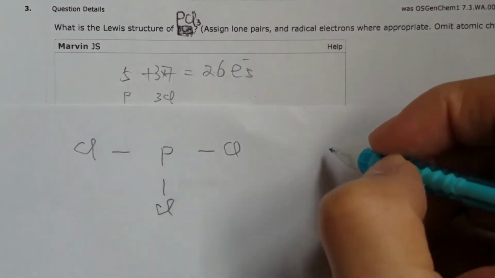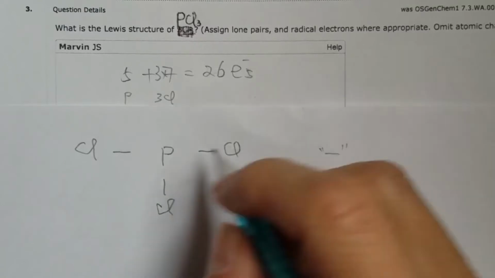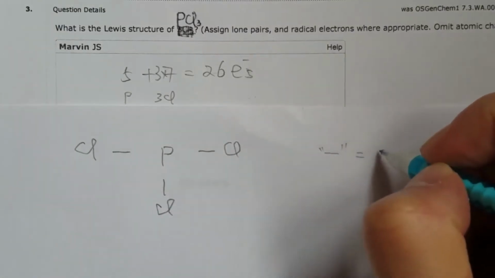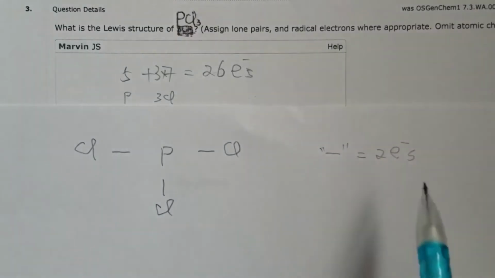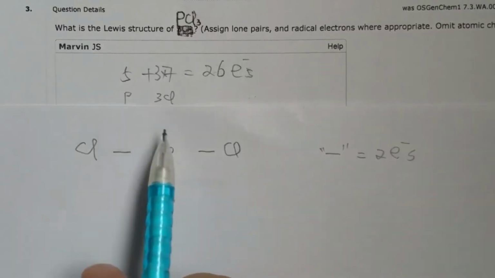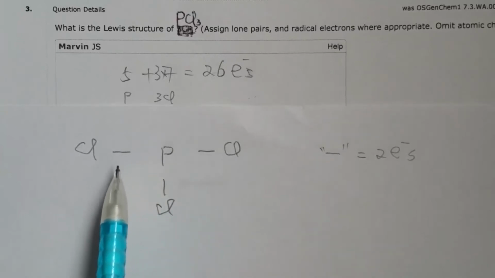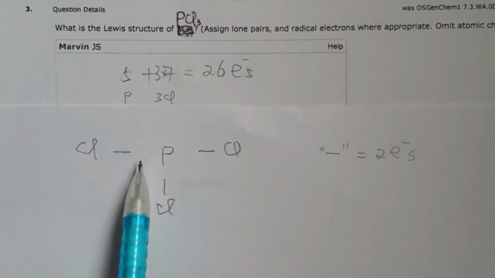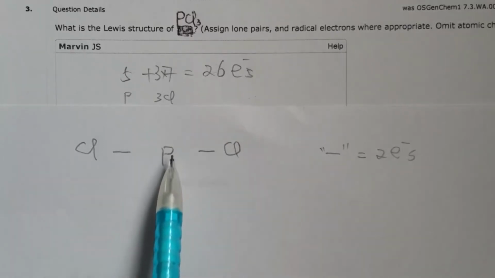So please note a single bond. Like here, those are 3 single bonds. That means 2 electrons each. When we count the number of electrons for phosphorus, we just consider the 2 electrons as belonging to phosphorus.